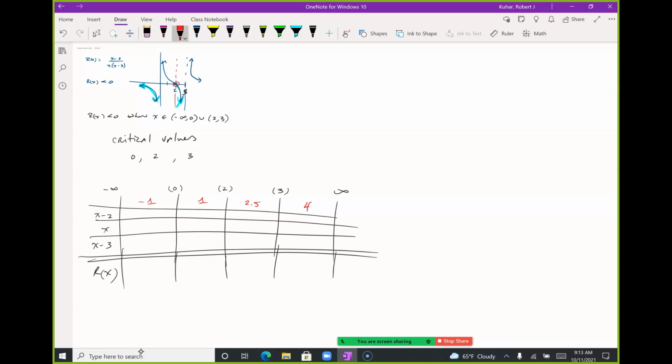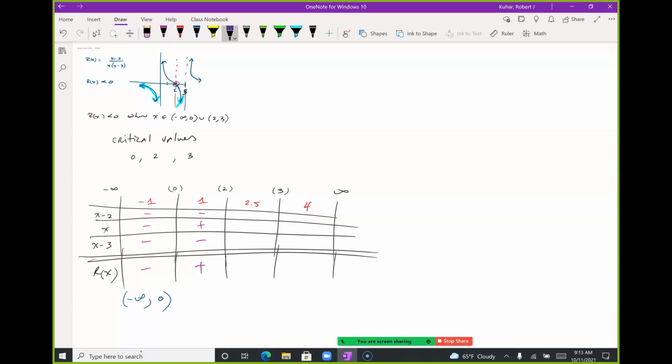And now I'm checking my signs, right? So when I plug in a -1 into all of these factors, I get negative, negative, negative, so the whole product is negative. And that's good. I want that, right? So I know I want the interval from negative infinity to 0. When I plug in 1, I get negative, positive, negative, so that's a positive. I don't want it above ground. I want it below ground.